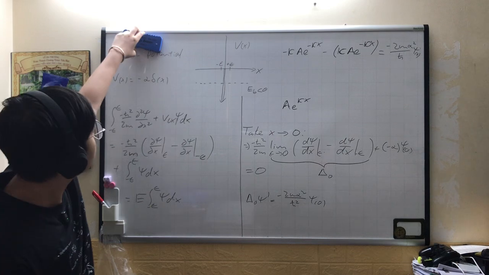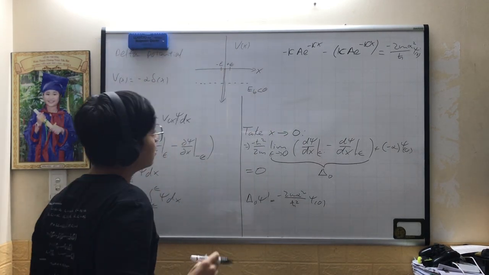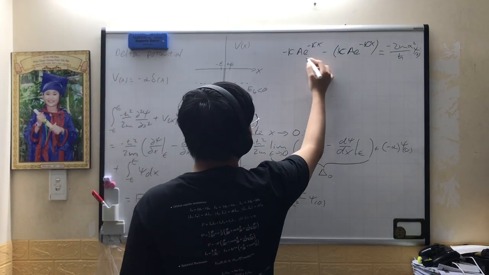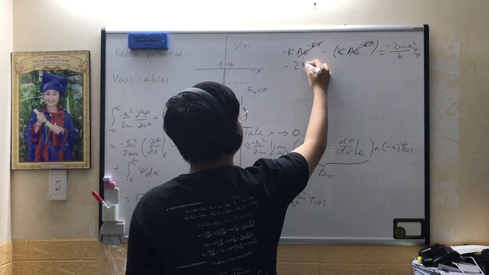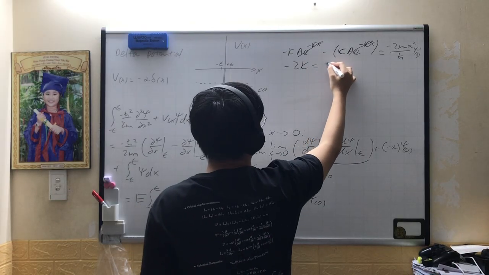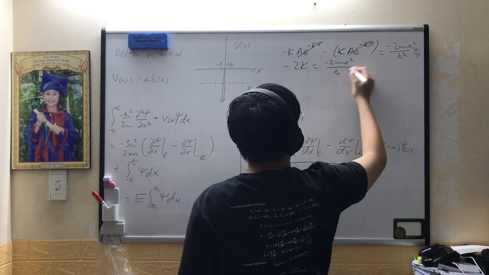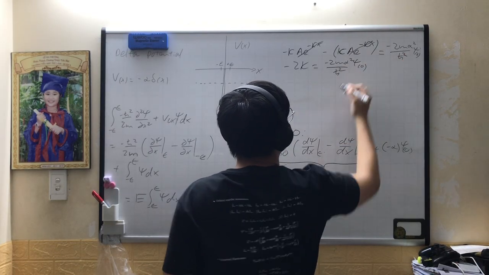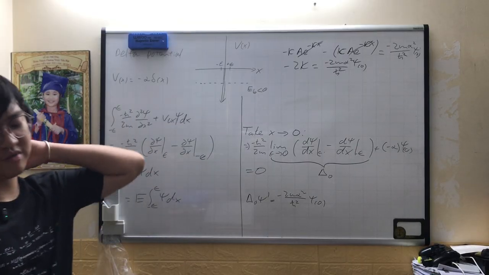Now we're gonna take it to 0. At 0, this guy is gone. This guy is gone. You get 2 minus 2 kappa equal to 2m alpha squared over h bar squared. Alright, this is where we're almost done right now.